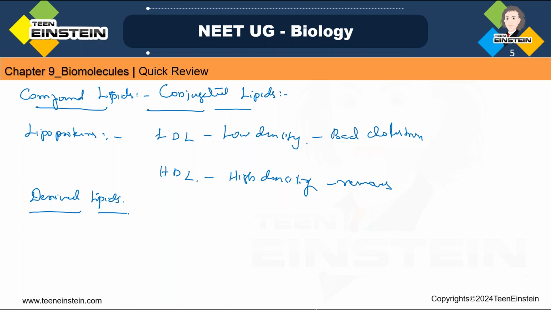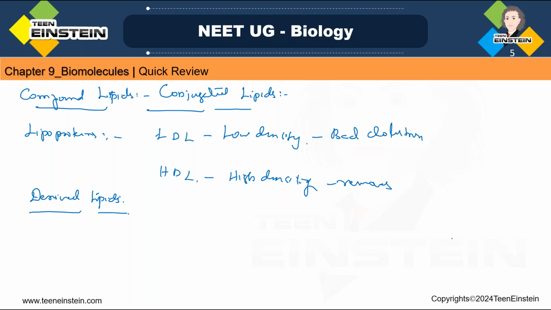Next we need to learn about the nucleic acids, DNA and RNA, the structure of DNA and RNA. Then about enzymes also we need to learn. Both we will be learning in the next class.